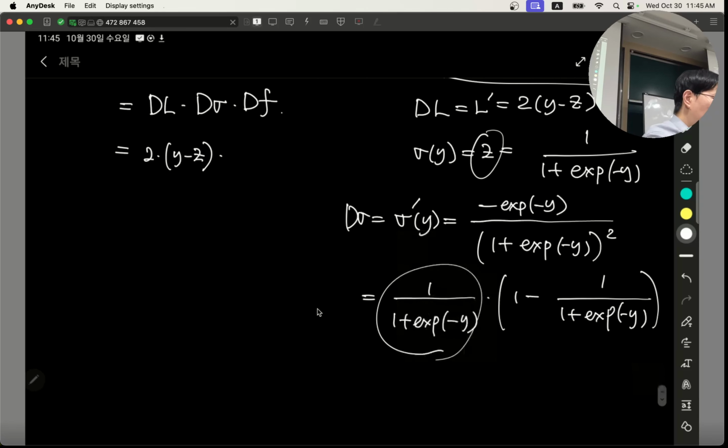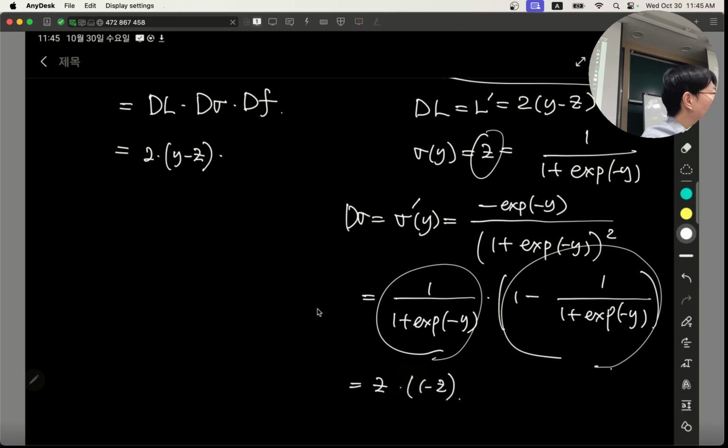What is the first part? It's z, or you can call it sigma of y. And what is the second part? It's 1 minus z. So d sigma is simply z times (1 minus z).